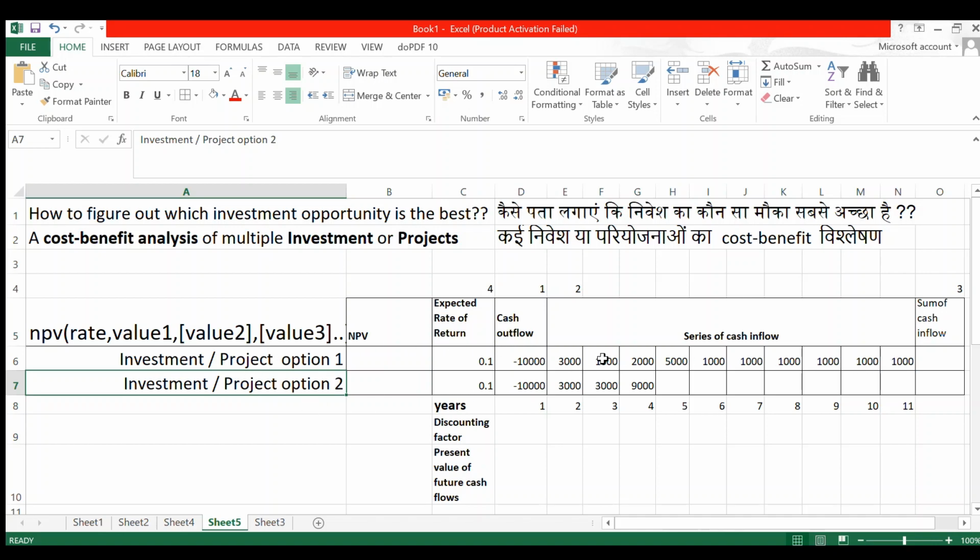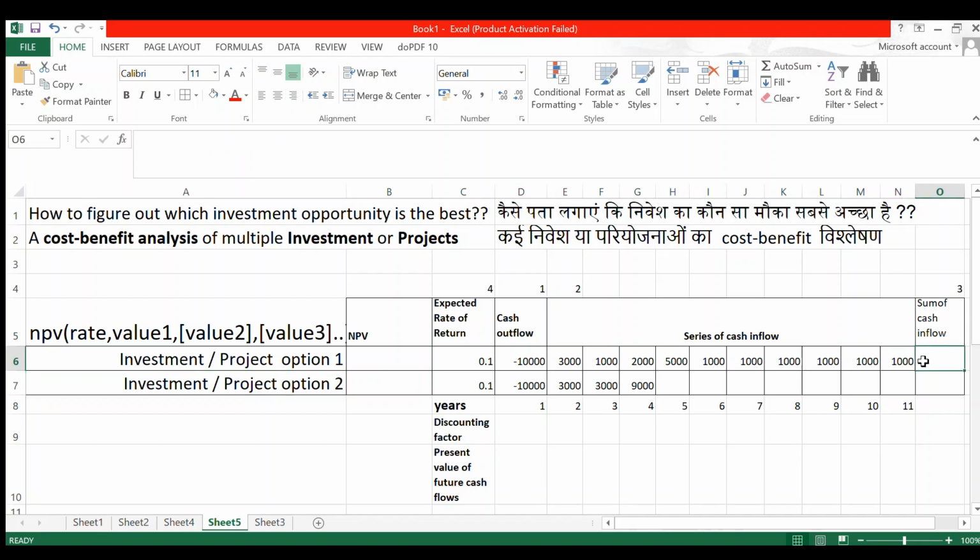And in investment option 2, you have the same 10,000 rupees to invest, and the cash inflows are 3,000 rupees at the end of the second year, again 3,000 rupees at the end of the third year, and 9,000 rupees at the end of the fourth year.